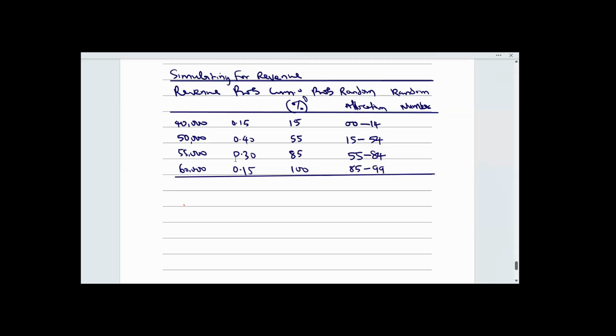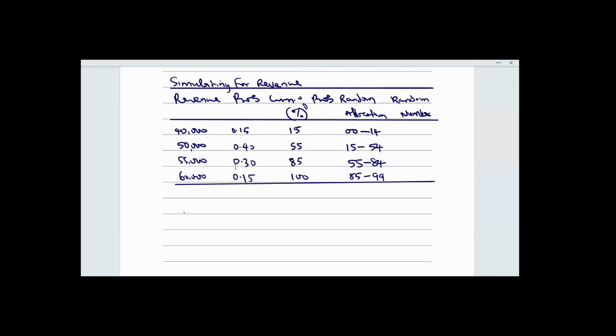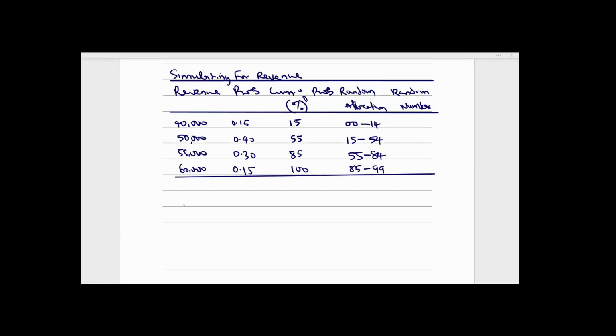I will then go to the question for the random numbers given to me for revenue: 30, 20, 79.